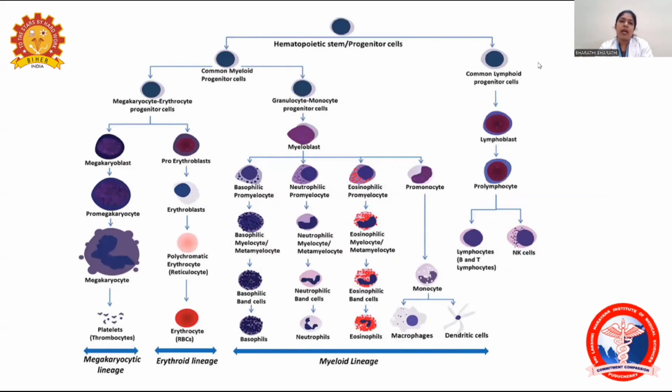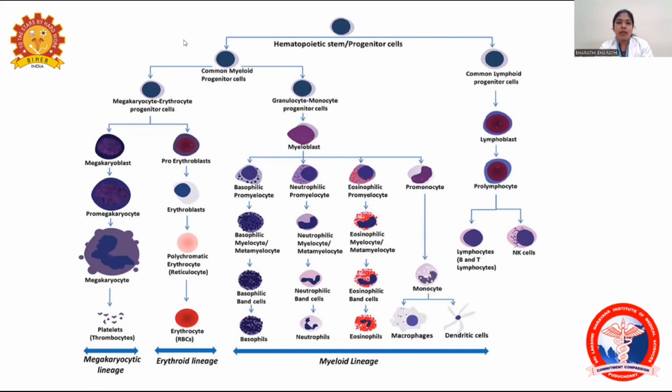Next, the hematopoietic progenitor cells. As we all know, these WBCs, RBCs, and platelets are derived from common hematopoietic stem cells or progenitor cells. These hematopoietic stem cells give rise to common myeloid progenitor cells and common lymphoid progenitor cells. You should be clear with this basics, only then will you be able to understand the rest of your leukemias.